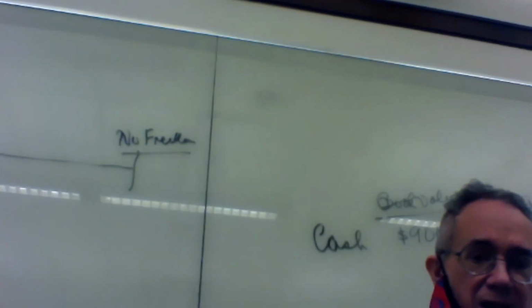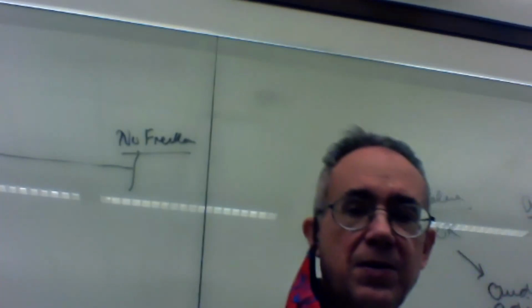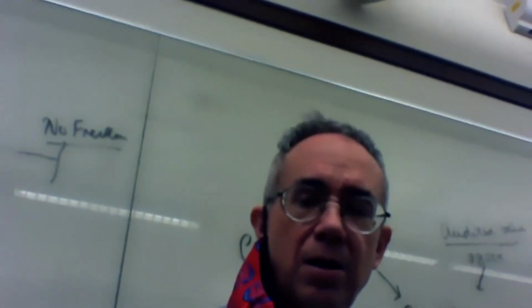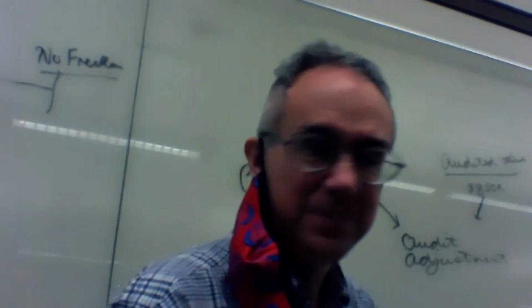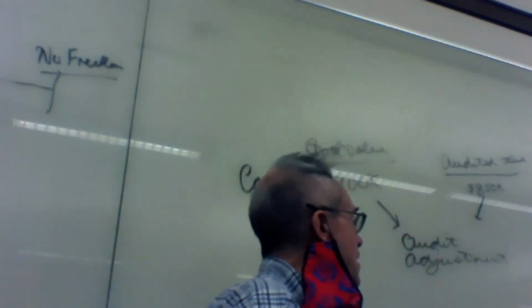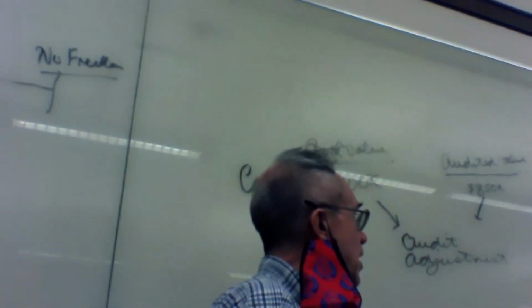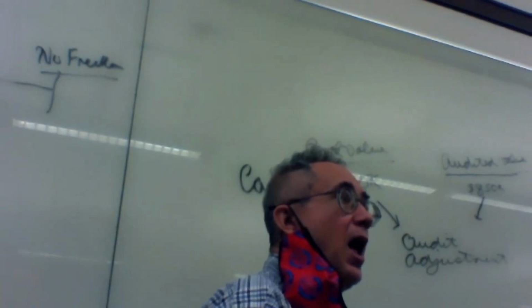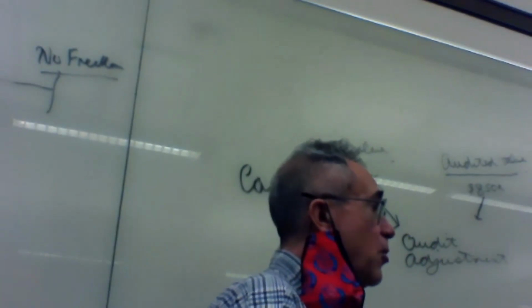So now, as an auditor, we propose an audit adjustment. So again, we propose an audit adjustment of $50,000.